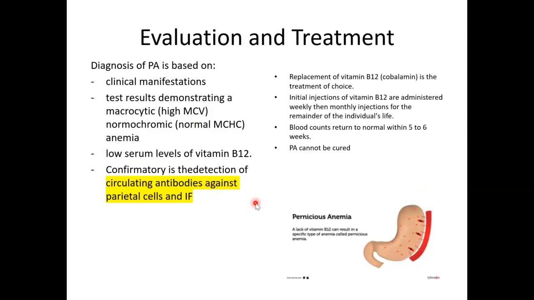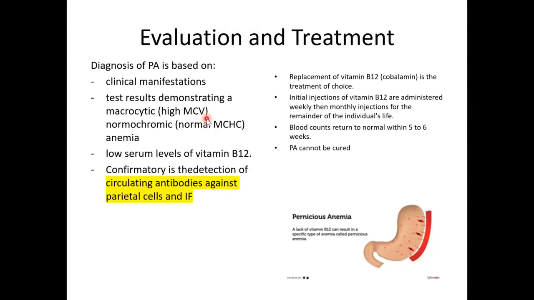So somebody gets a CBC. Maybe they have some symptoms. Maybe you just don't know what you're looking for, so you draw a CBC. In the CBC, you see that they have a high MCV, which should lead you to think they have a macrocytic anemia. You can draw some labs, get some B12, get some folate, since those are two anemias that are characteristic of the high MCV or the macrocytic.